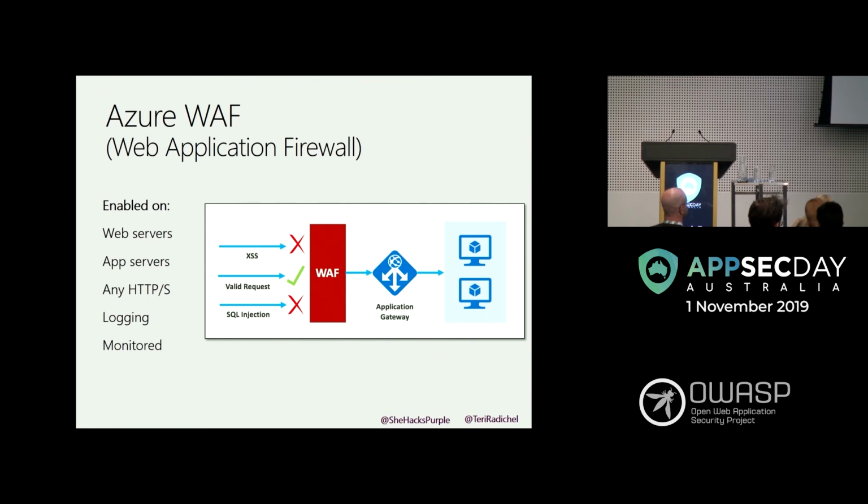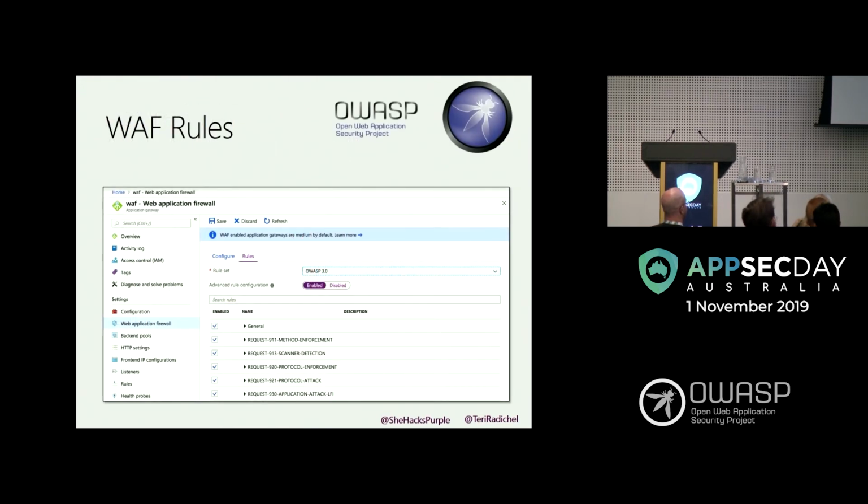So SQL injection, cross-site scripting, all the OWASP top 10. On Azure, they do have a set of rules which are for the OWASP top 10. So they're going to try to find those things hitting your applications and block them.